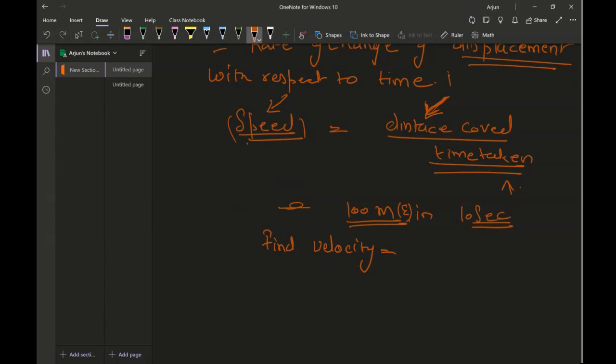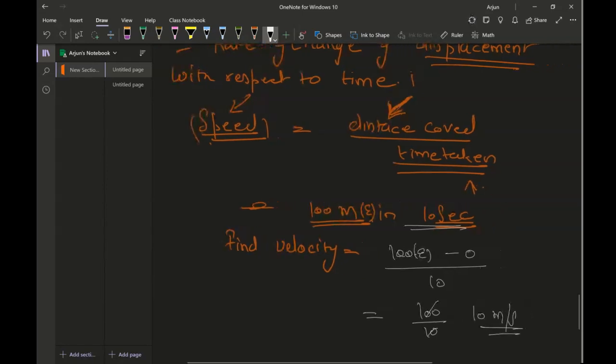I'll also say east direction because I have to specify the direction for this. So 100 east. The initial point is not given, so I'll consider the initial point as 0. So divided by 10. If I divide 100 by 10, that's going to be 10 meters per second in east direction.